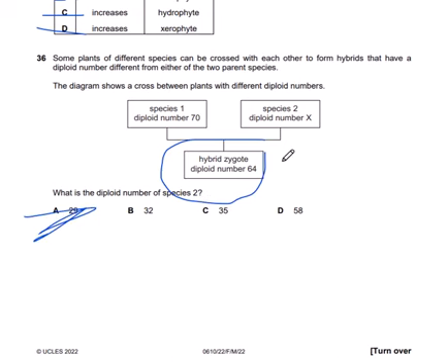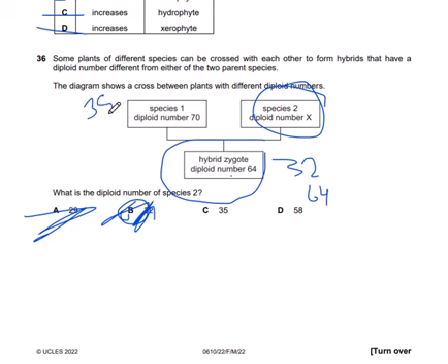And they said 64, so 64 over 2 makes it 32. So that species 2 cannot actually match the zygote, so that makes it wrong. And the haploid is 35, so that cannot match either, because you can't have species 1 and species 2 having the same number, right? So that leaves you with D.